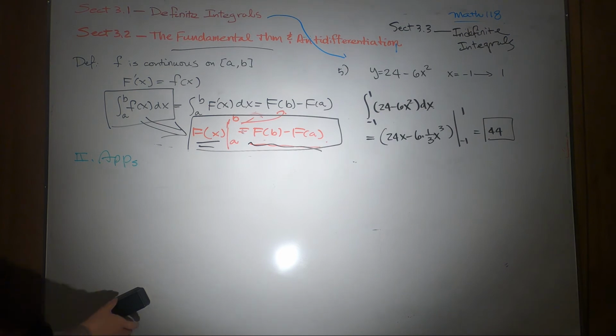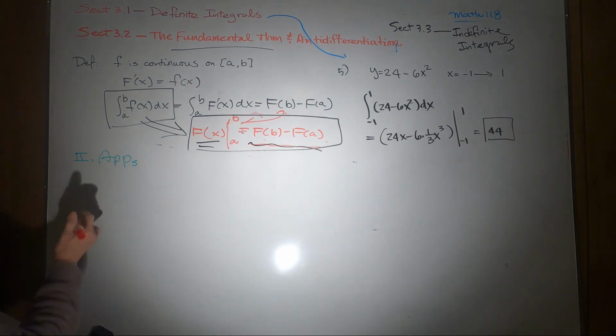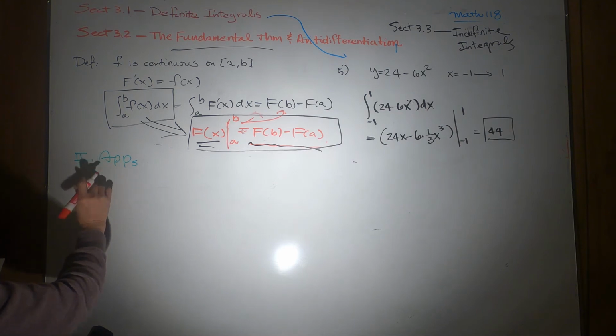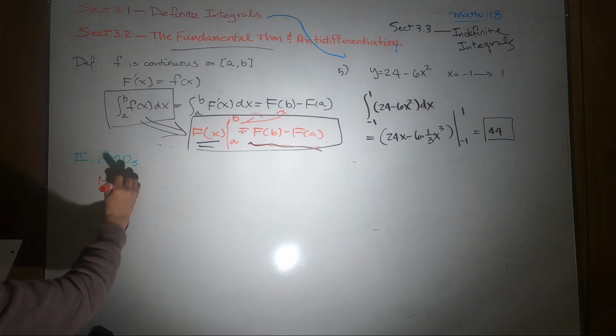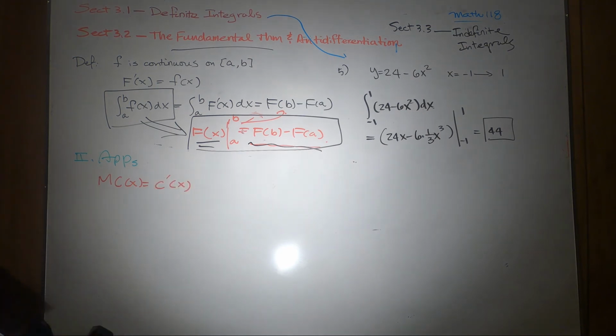Okay, so if we have a situation like this, and I say how much total cost if I have marginal cost? If I have a marginal cost, what is it? The derivative of cost, right?